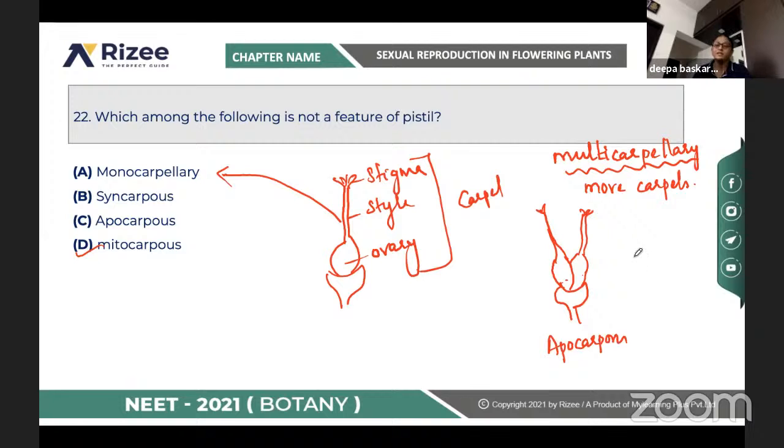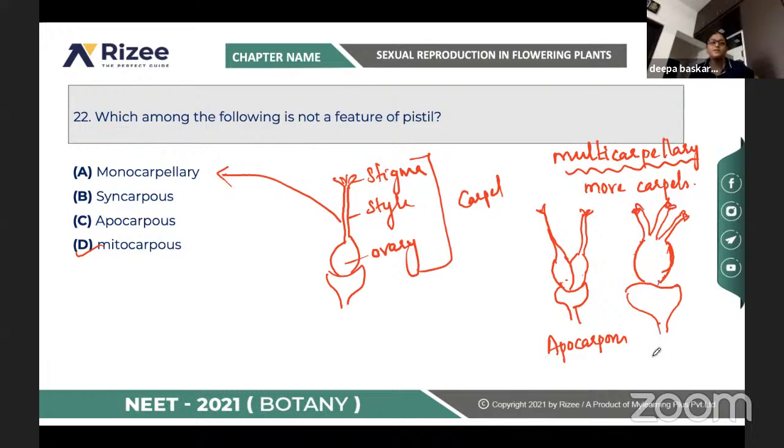But in some plants, the structure will be different. Let me show you. See here, style and stigma are fused, right?